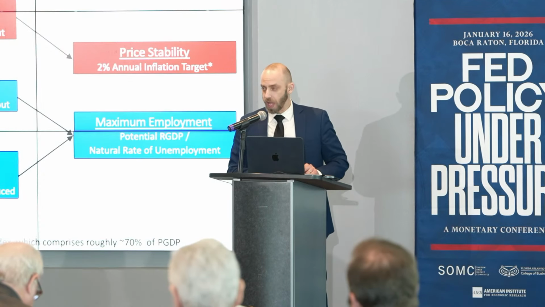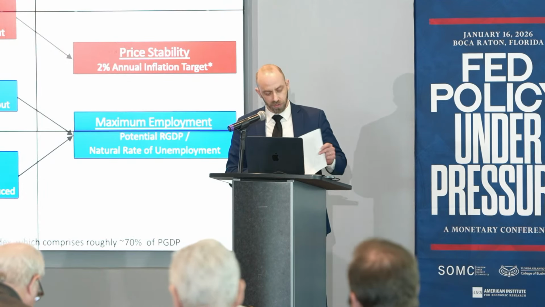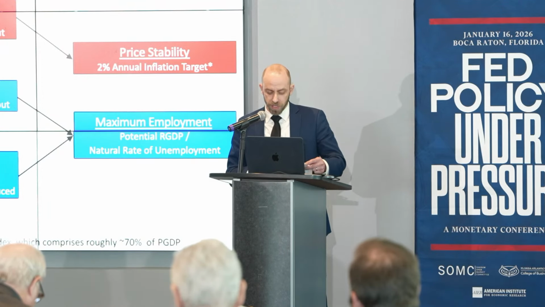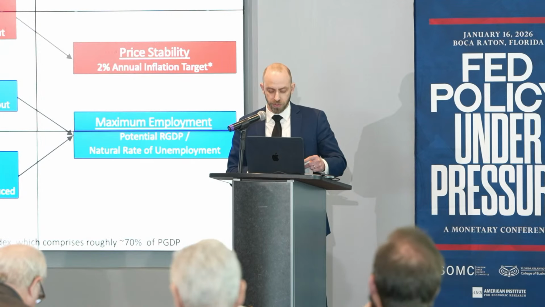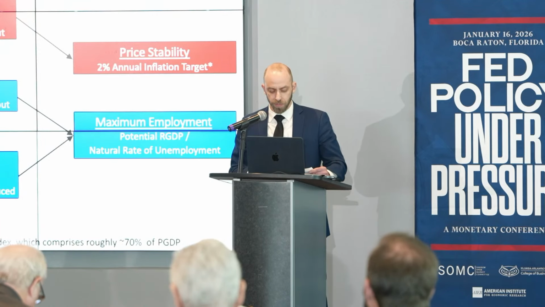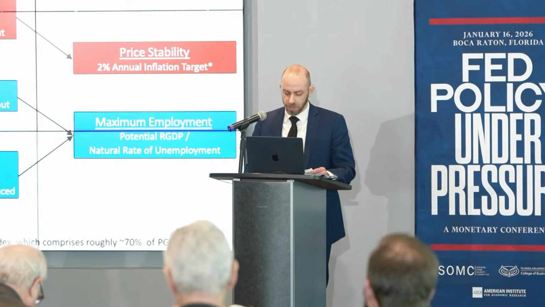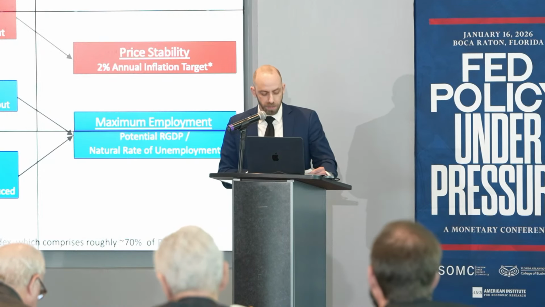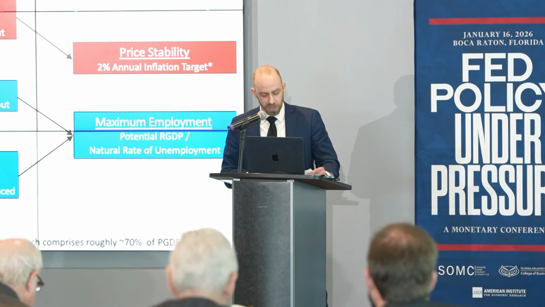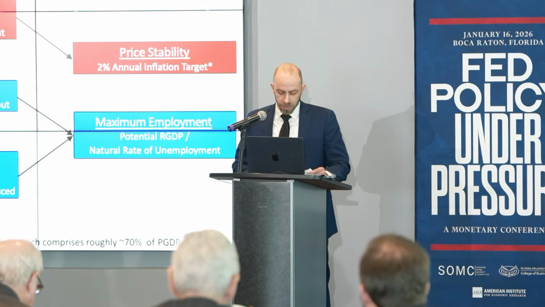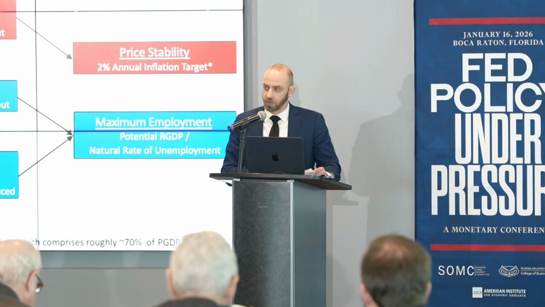The real GDP analog to maximum employment is known as potential GDP. The Fed's statement specifies price stability as consistent with an inflation target of 2% per year, while maximum employment and potential GDP, being unobservable, are left to the Fed's judgment. The general consensus among forecasters, including those at the Fed, is that potential GDP growth is roughly 2% per year.